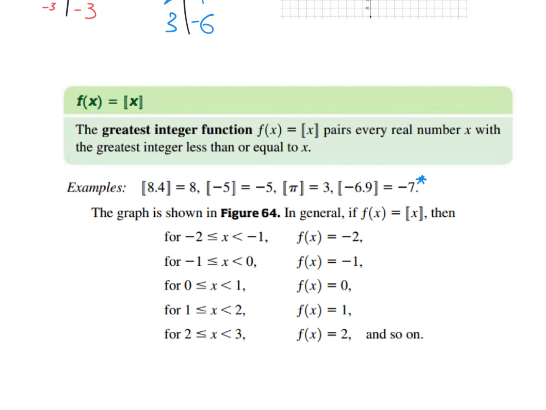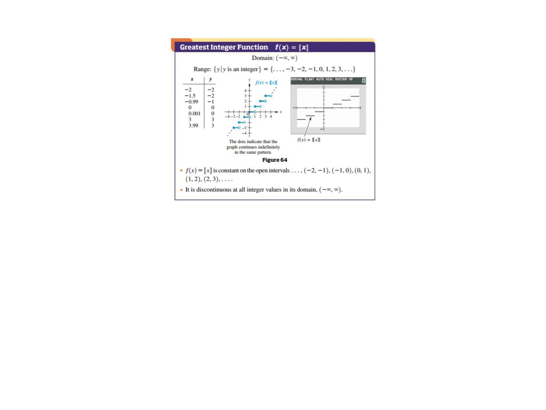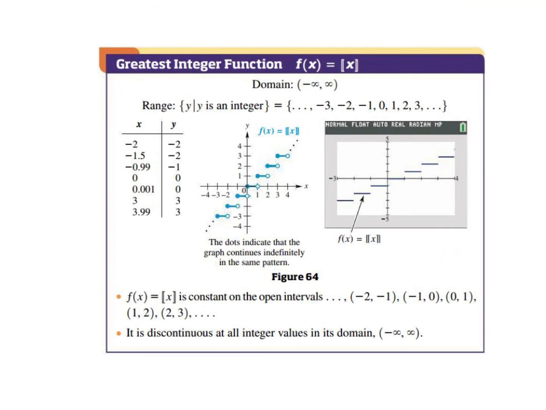And so they've kind of shown how you calculate it, but the graph looks very interesting too, and we can see that on the last page here. And so this graph is sometimes referred to as a step function, okay? And basically, the reason it looks like this is all of the numbers in between get rounded back down to a certain flat value until you hit the next point.